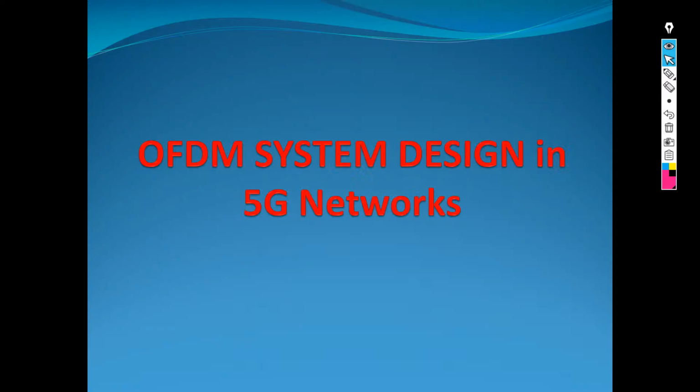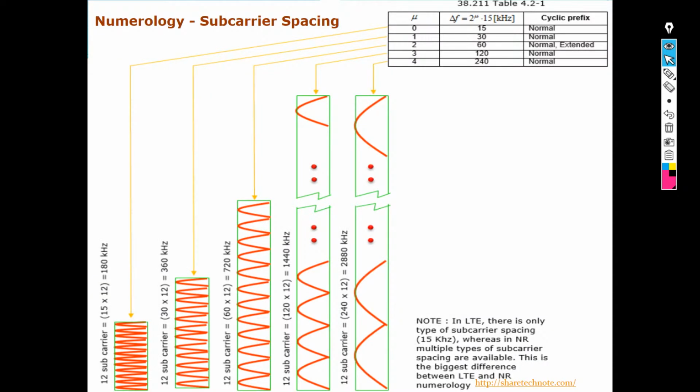Then we moved to the 5G systems and we discussed how OFDM has been manipulated in order to meet the requirements of new emerging applications like ultra reliable low latency, massive machine type communication and enhanced mobile broadband. So we discussed exactly the key differences between the OFDM that was implemented in LTE and the OFDM that we are going to implement in 5G.